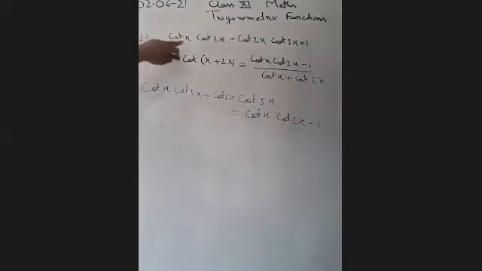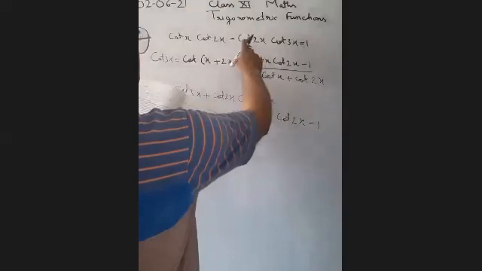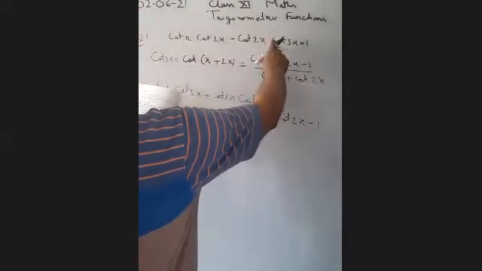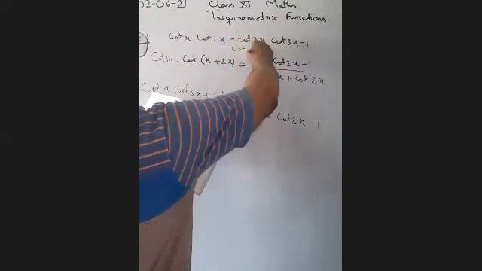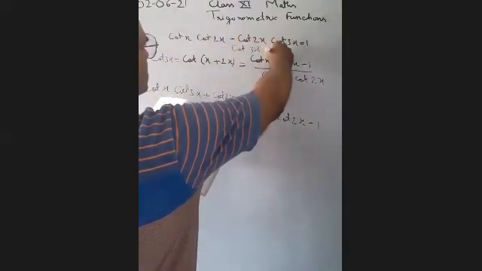Just see what we have to prove. We have to prove cot x cot 2x minus cot 2x cot 3x minus cot 3x cot x.